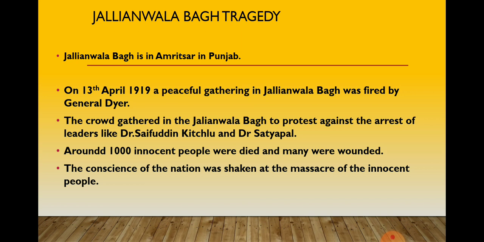Jallianwala Bagh was a ground. It was surrounded by buildings and walls from three sides. It has only one entrance. Once the people gathered in the Jallianwala Bagh, they could go out only through the one exit.